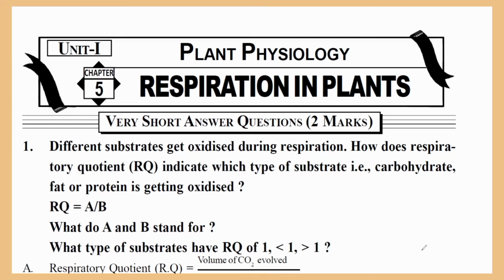Remember, in plants there are two important life processes: the first is photosynthesis, and the second is respiration. In photosynthesis, carbon dioxide is taken in and oxygen is released. But during respiration, plants take in oxygen and release carbon dioxide.